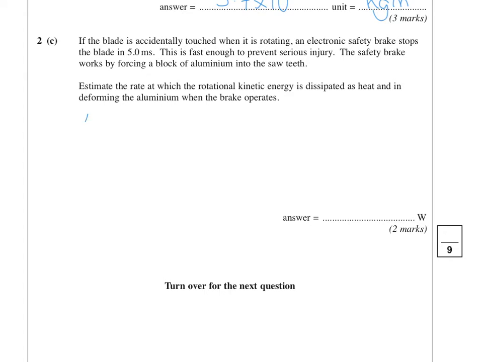So we need to work out the change in energy, which is going to be, it's not m, what am I doing? It's the moment of inertia because we're looking at rotational kinetic energy. So let's substitute the numbers in there.